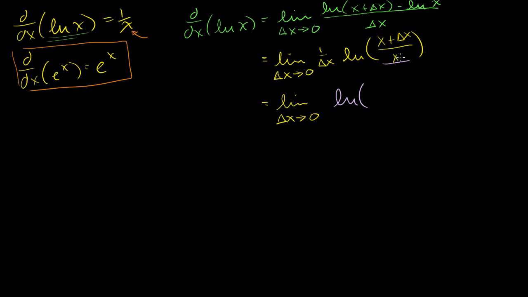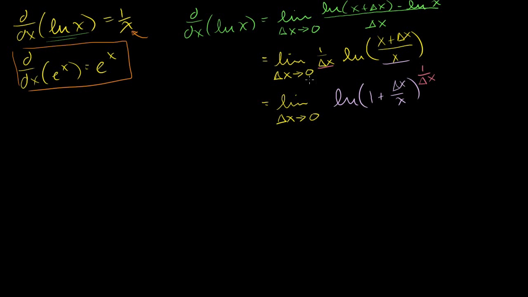I'll just divide everything by x. So x divided by x is 1, and then plus delta x over x. And then I had this 1 over delta x sitting out here, and I could make that the exponent. That's just an exponent rule, or a logarithm property, 1 over delta x.